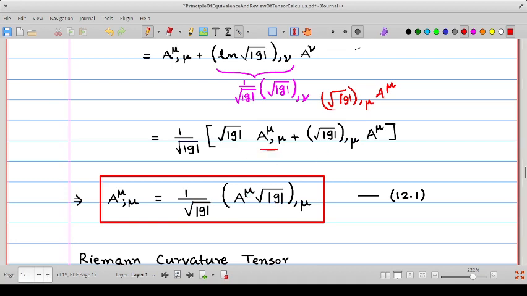I have A^μ,μ times the second function √g plus the first function A^μ times the derivative of the second. So we see that A^μ;μ is equal to 1 by √g times (A^μ √g),μ.